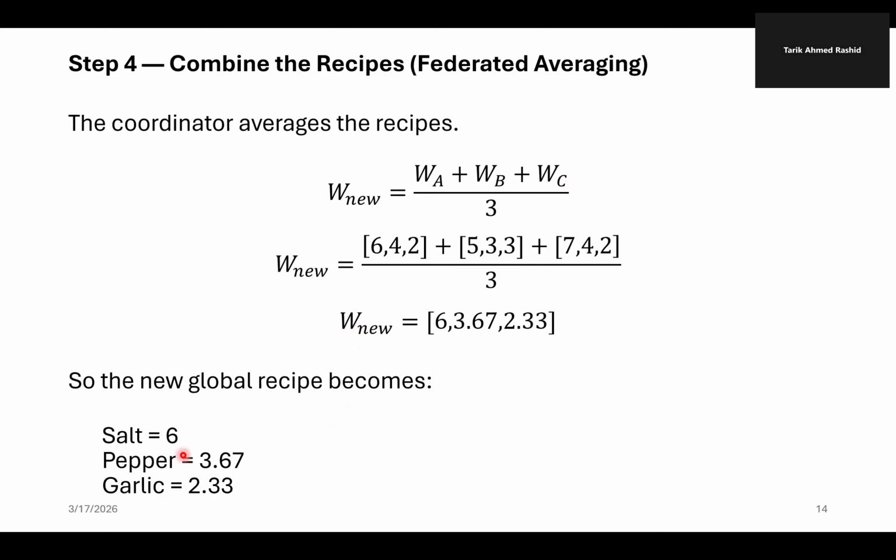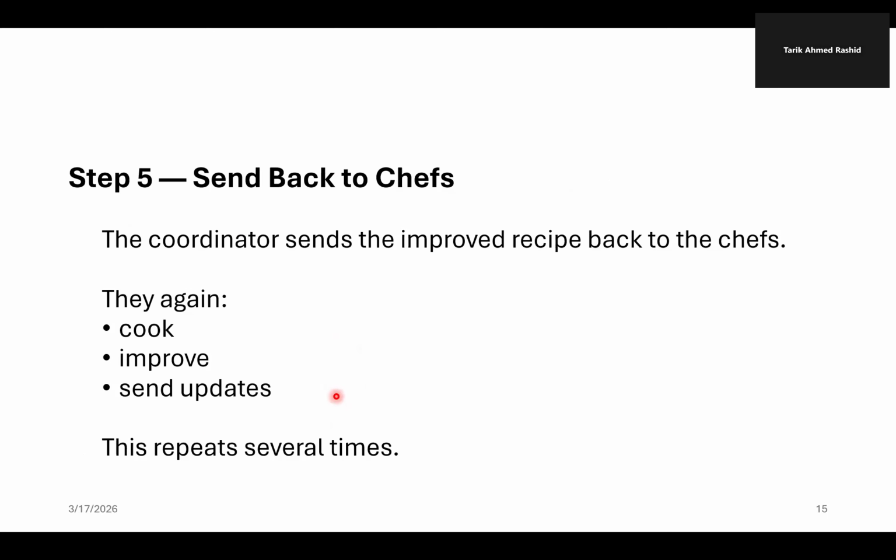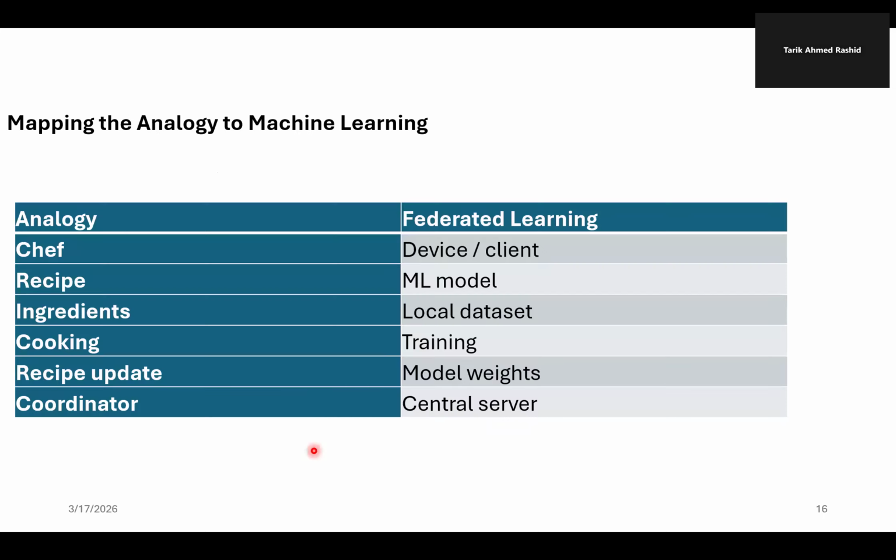So that is the global recipe. This global recipe will be sent back to each device, and each device tries to train it and get a new result sent back to the server, and so on. So this is basically the analogy of federated machine learning.